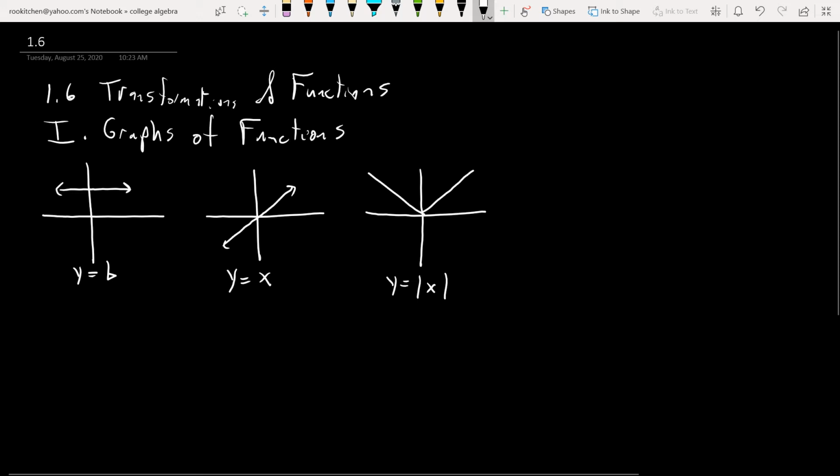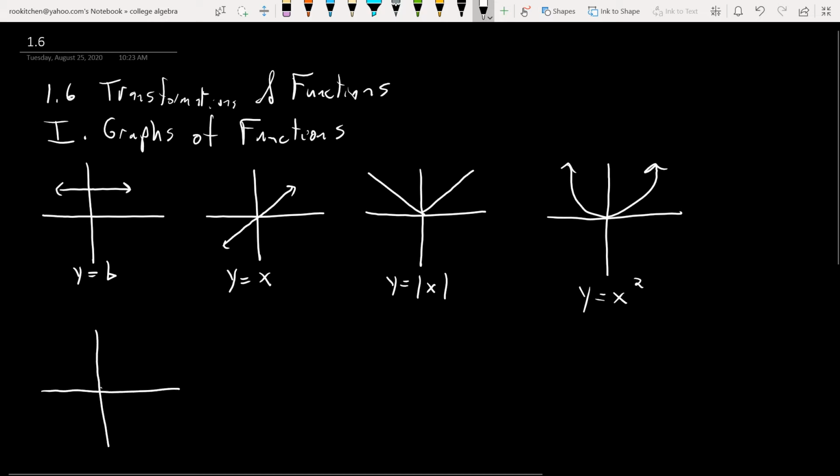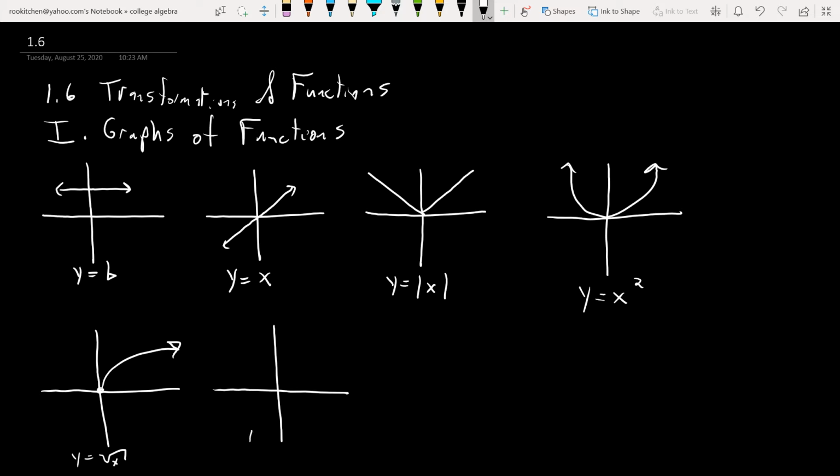The absolute value function looks like a V. And then we have the parabola, y equals x squared. The square root function, so y equals square root of x. Cubics look like this, so that's y equals x cubed.